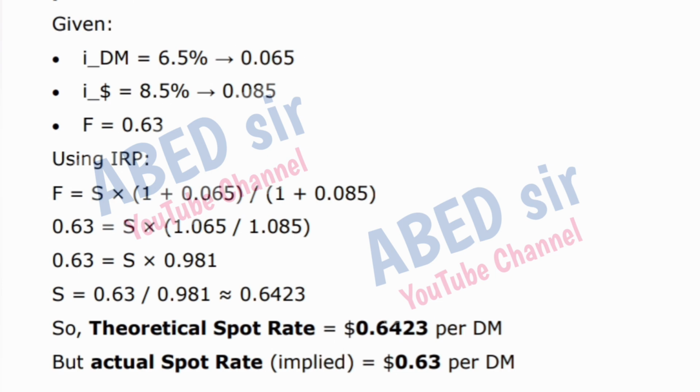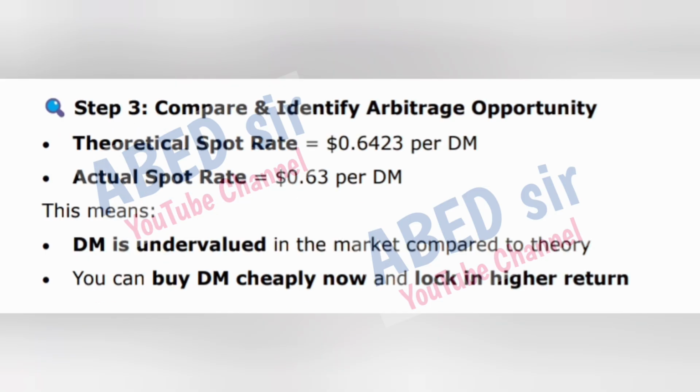But actual spot rate, implied, is equal to 63 cents per DM. Step 3. Compare and identify arbitrage opportunity. Theoretical spot rate is equal to $0.643 per DM. Actual spot rate is equal to 63 cents per DM. This means DM is undervalued in the market compared to theory.